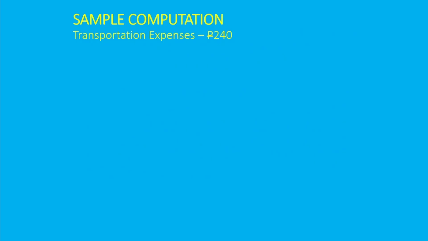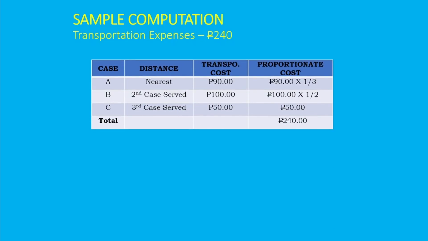For example, a total transportation expense of 240 pesos involving 3 cases. During his first service to case A, the sheriff or process server incurred a transport cost of 90 pesos. Then the 90 pesos shall be divided among cases A, B, and C.